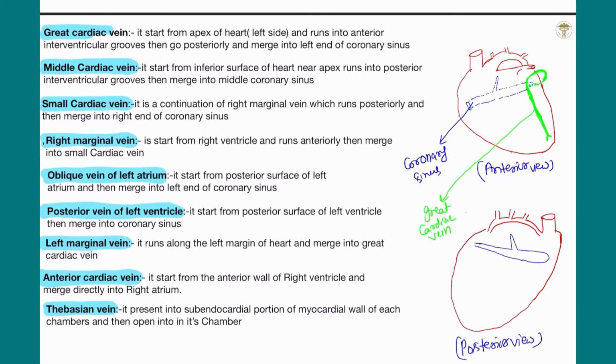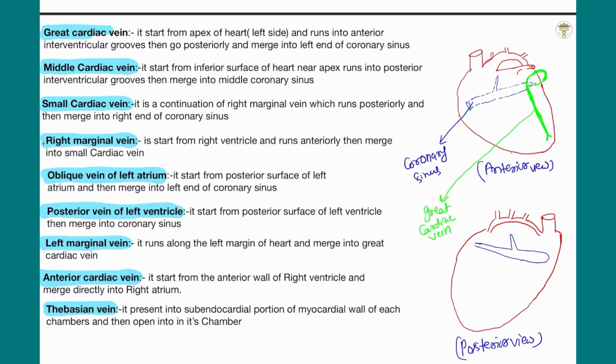The middle cardiac vein starts from the inferior surface of the heart near the apex, and runs in the posterior interventricular groove. I already discussed that the great cardiac vein runs in the anterior interventricular groove, but the middle cardiac vein runs in the posterior interventricular groove.